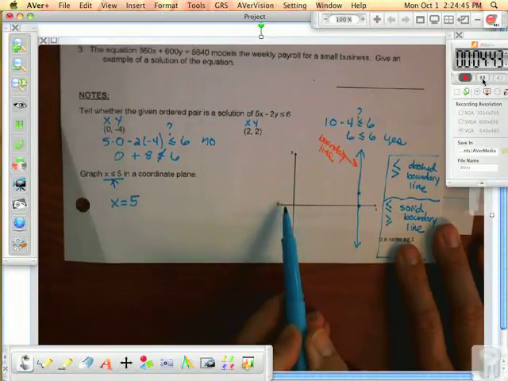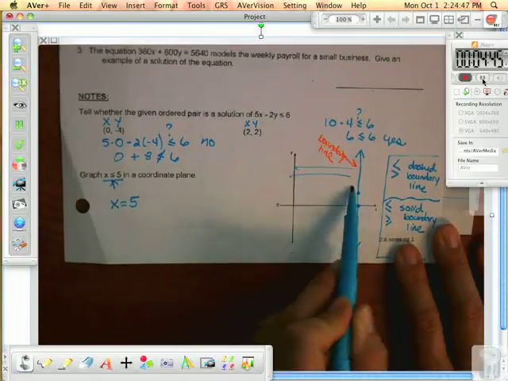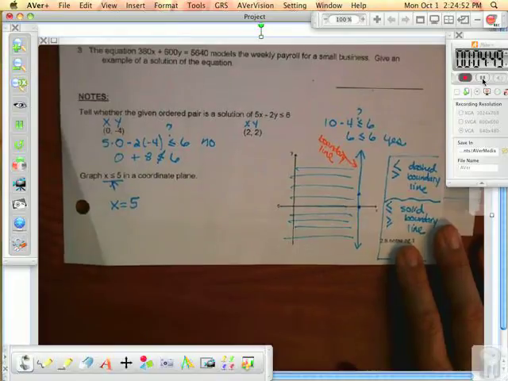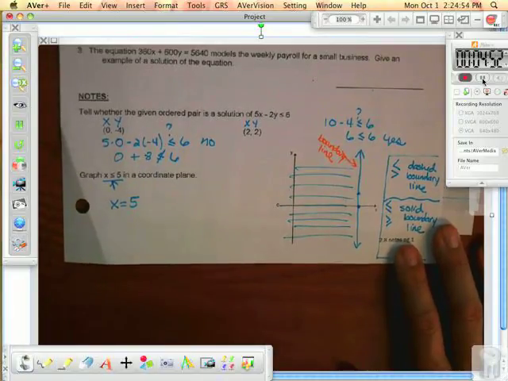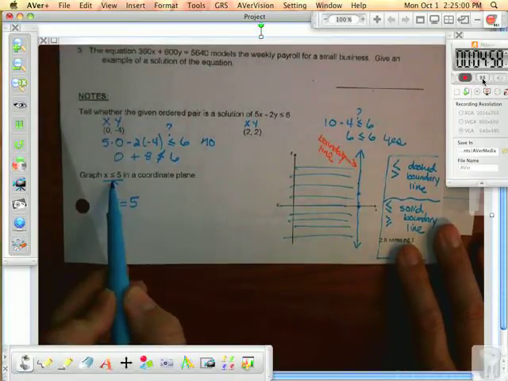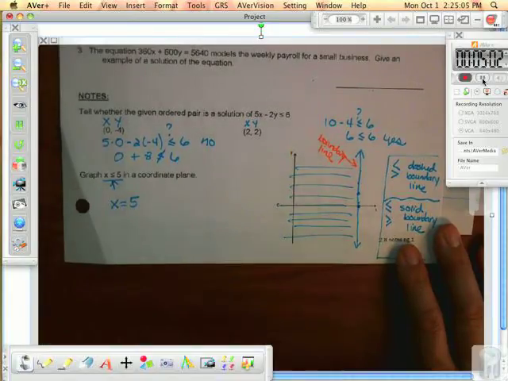Everything over here has an x coordinate that's less than or equal to 5. And the reason it's a solid line is because everything on this line will also make that true. Correct?